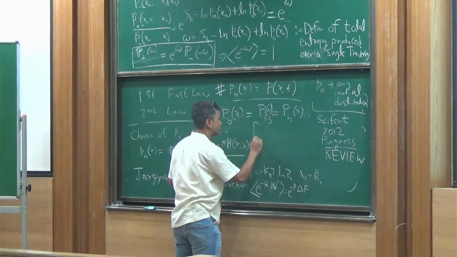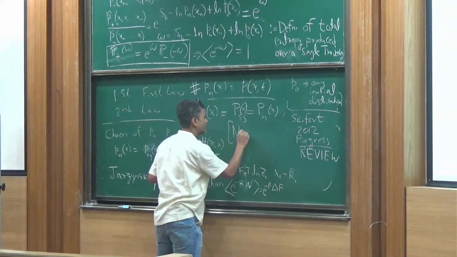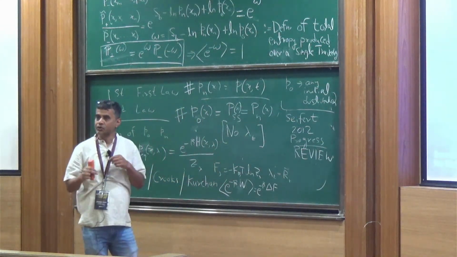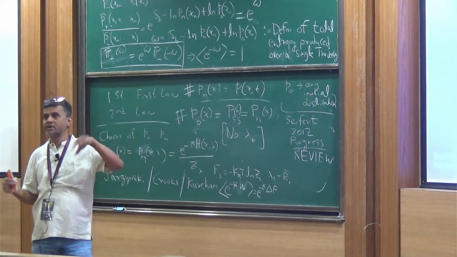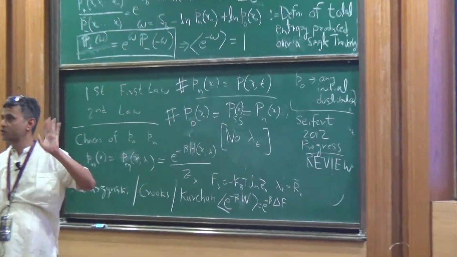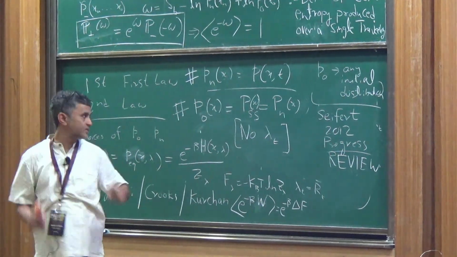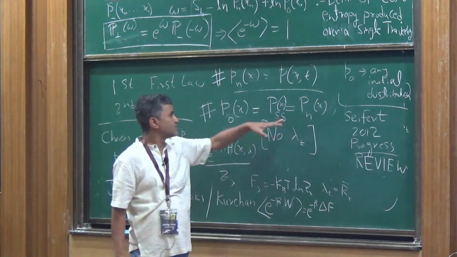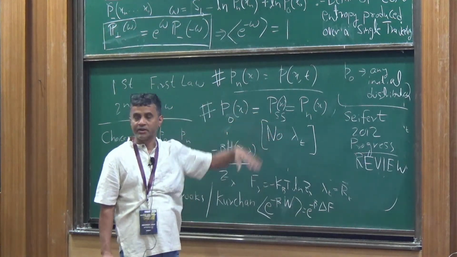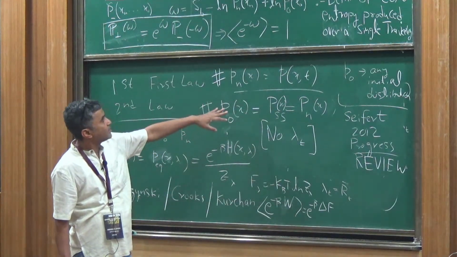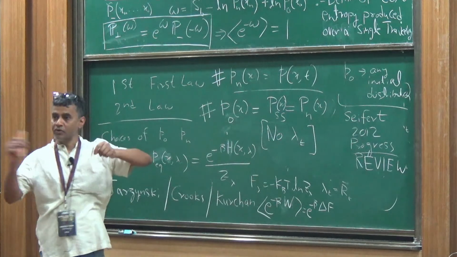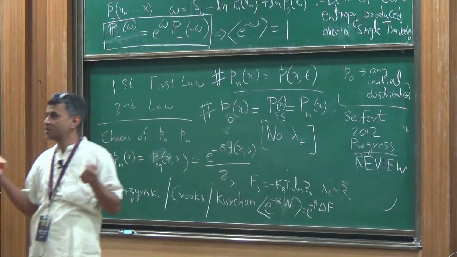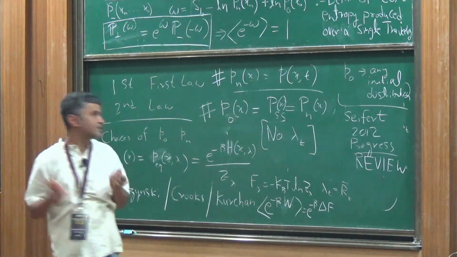This is for processes where there is no time-dependent parameter, and you drive the system to a non-equilibrium steady state either by a non-conservative force or by a boundary drive. Those are the two ways you can drive the system to a non-equilibrium steady state. Now you choose your initial condition P0, and also the final distribution, as the steady state distribution. One nice thing that immediately follows is that the forward and reverse processes are both the same, because there is no lambda t.